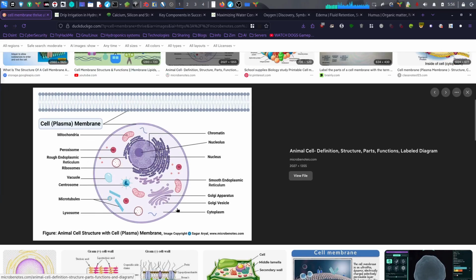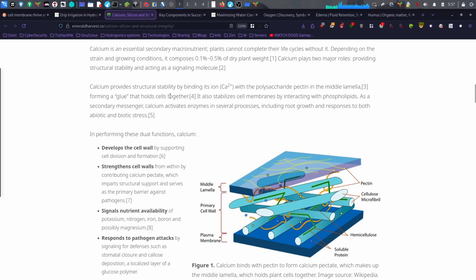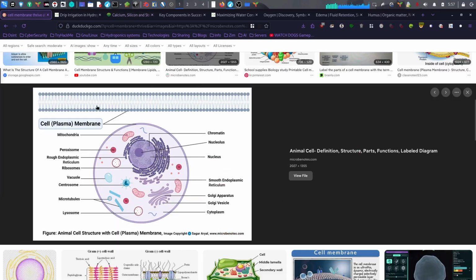Okay, a cell has a membrane, or plasma membrane. Calcium in plants stabilizes the plant membrane.